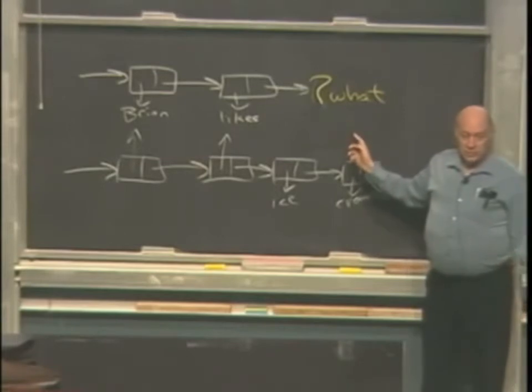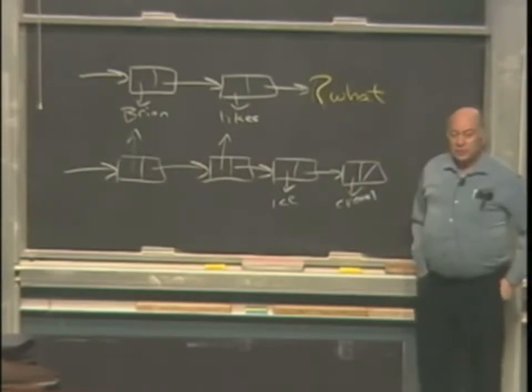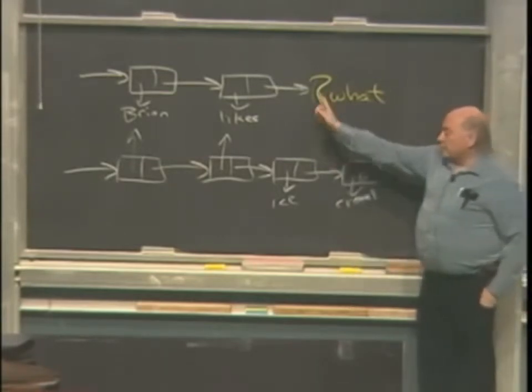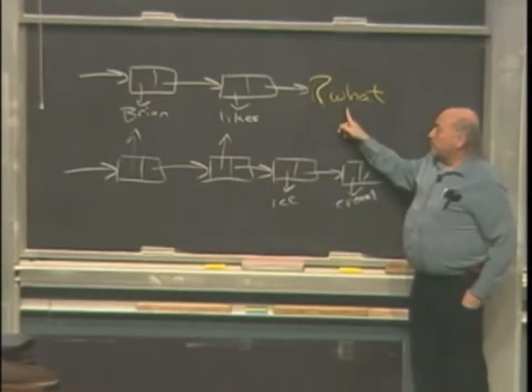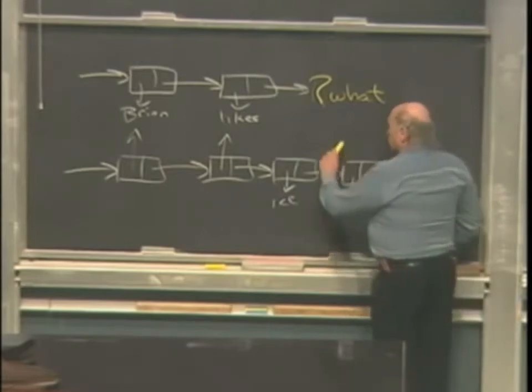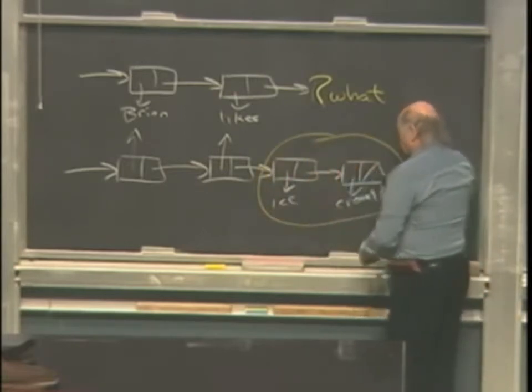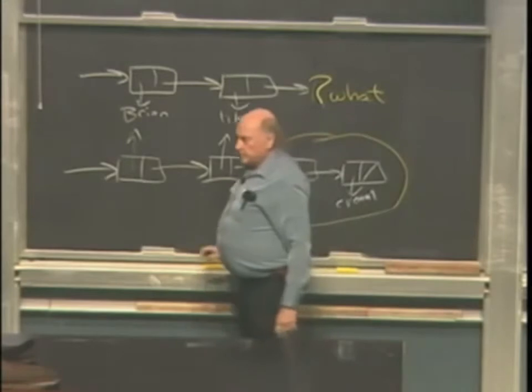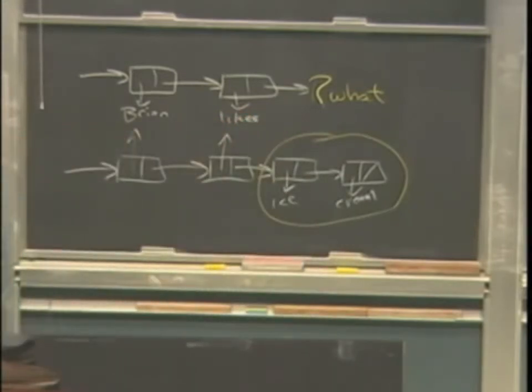So the cdr is ?what. Brian matches Brian, likes matches likes, and ?what matches anything, namely, it matches this entire list structure. Okay, questions about that so far? Who's with me? Awesome. Who's not with me? Nobody. Okay. That's great.